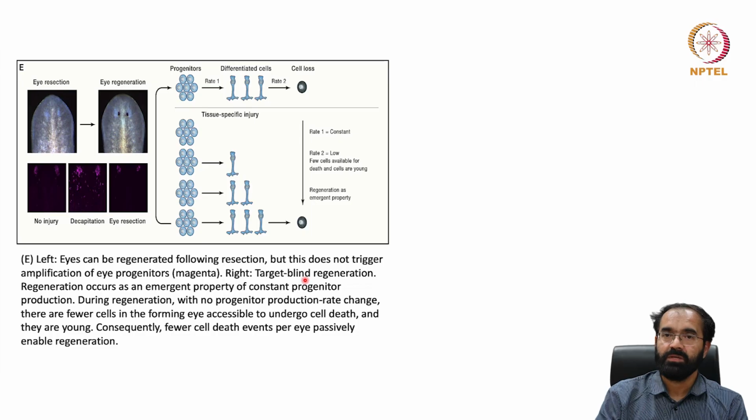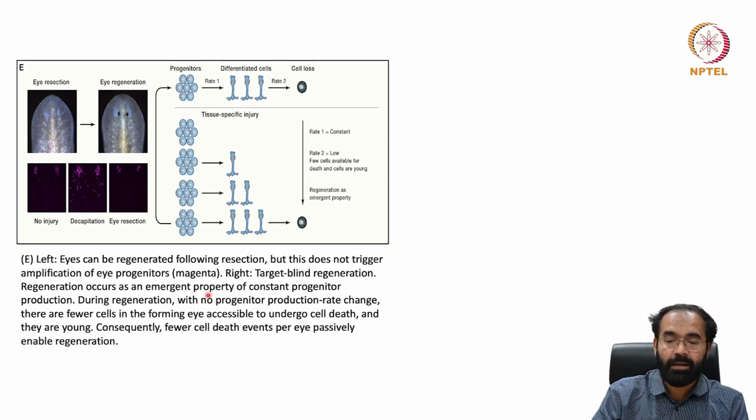The whole eye is removed. That recognition happens mainly because of position control, or position-specific, or target-specific information located somewhere. Where and how it is done, we will see in a short while. But some information is there. Even though the eye is missing, someone or something tells, oh, here is the eye. So target-blind regeneration can happen only because of this information.